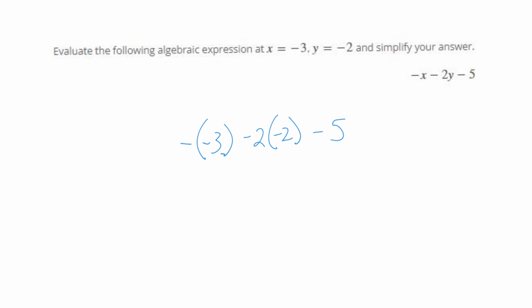And one of the things here, this is ultimately like a -1 that's being multiplied. Negative times a negative, that's a +3. And then again, I have a negative times a negative, so that's a positive 4, and then minus 5. And then you just do this left to right. 3 plus 4, that's 7, minus 5, that'd be a 2.